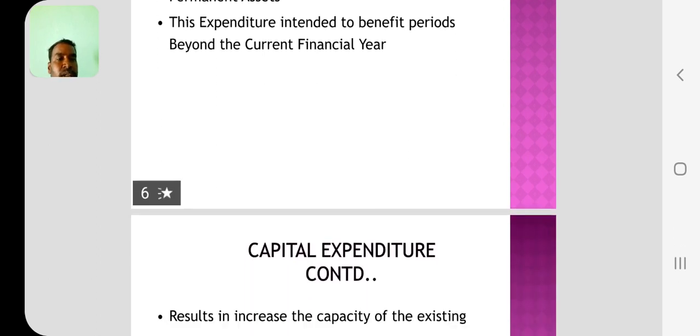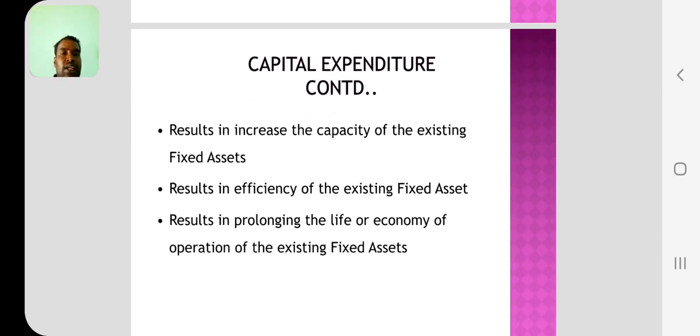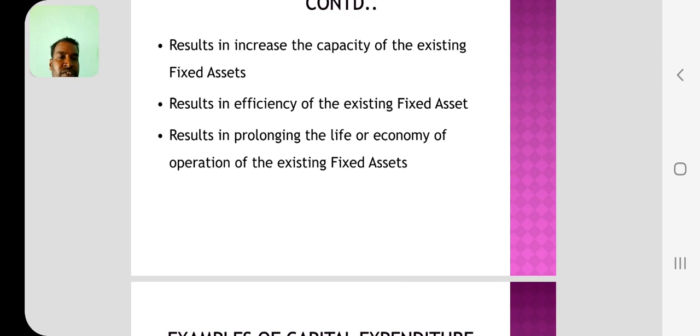Capital expenditure results in increasing the capacity of the existing fixed assets, results in efficiency of the existing fixed assets, and results in prolonging the life or economy of operation of the existing fixed assets.